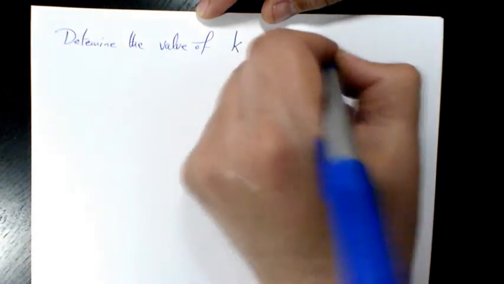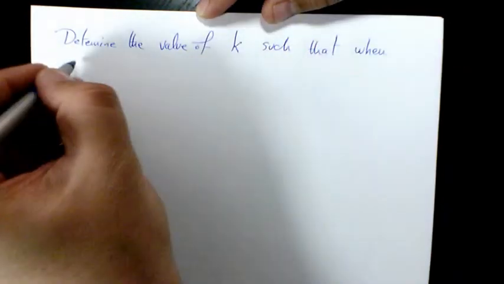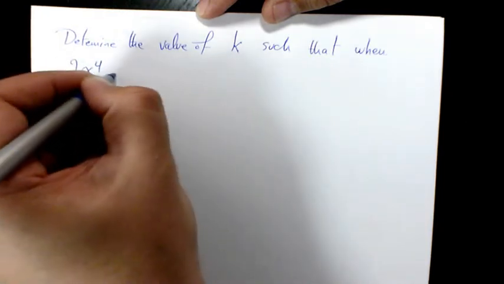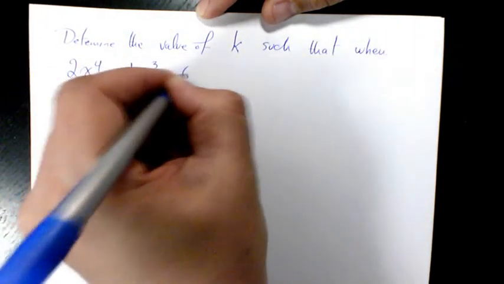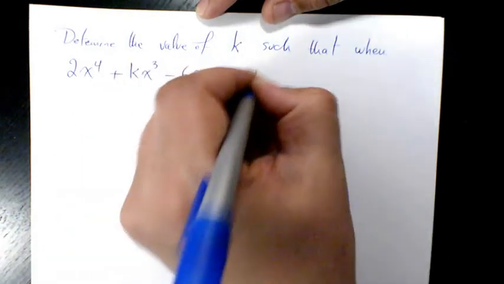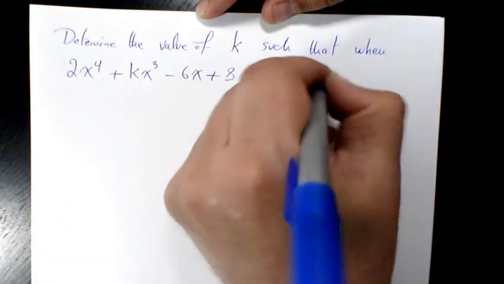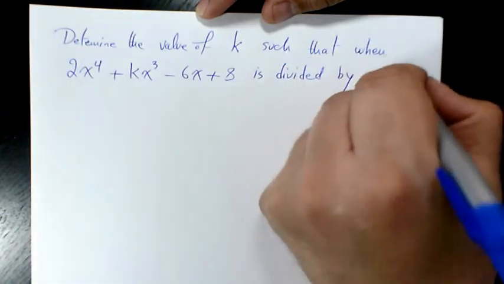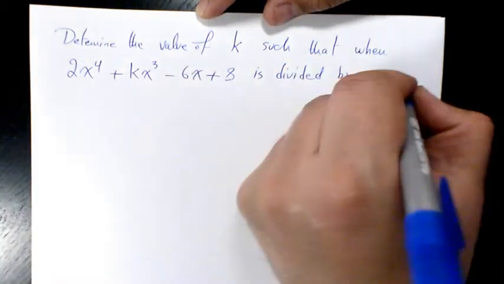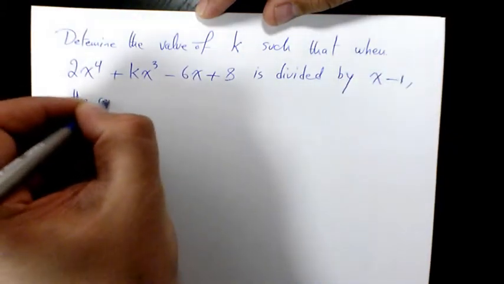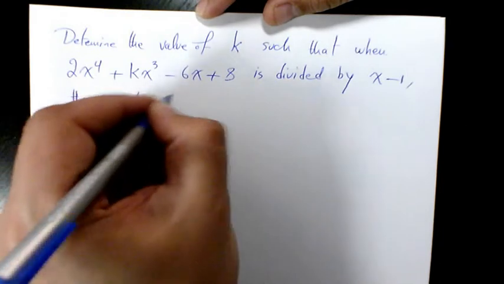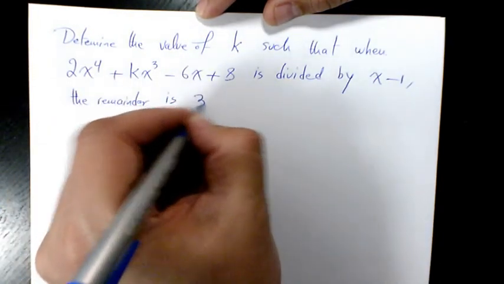Next example, it says determine the value of k such that when 2x to the power of 4 plus kx cubed minus 6x plus 8 is divided by x minus 1, then the remainder is 3.